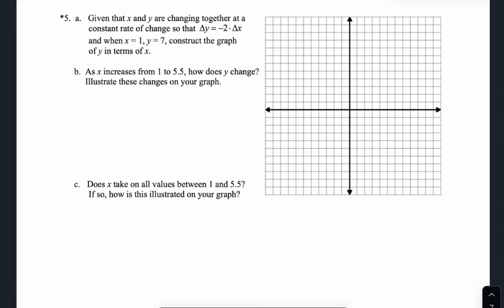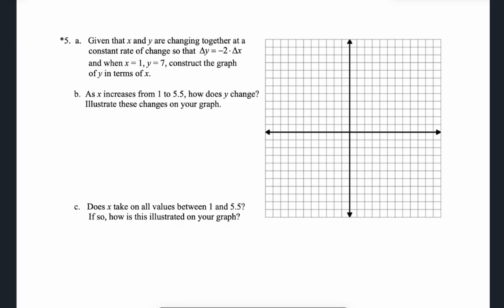Okay, so now let's take a look at 5. And we're going to create a graph. We're going to do all the things they tell us to do. It says, given that x and y are changing together at a constant rate of change, so that means it's a linear equation. And then it says that delta y is -2 delta x. So let's take that equation they have given us, and let's solve for delta y over delta x.